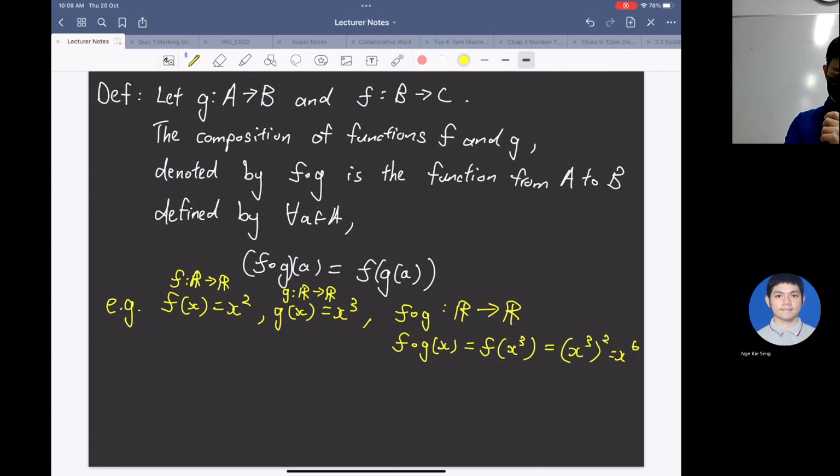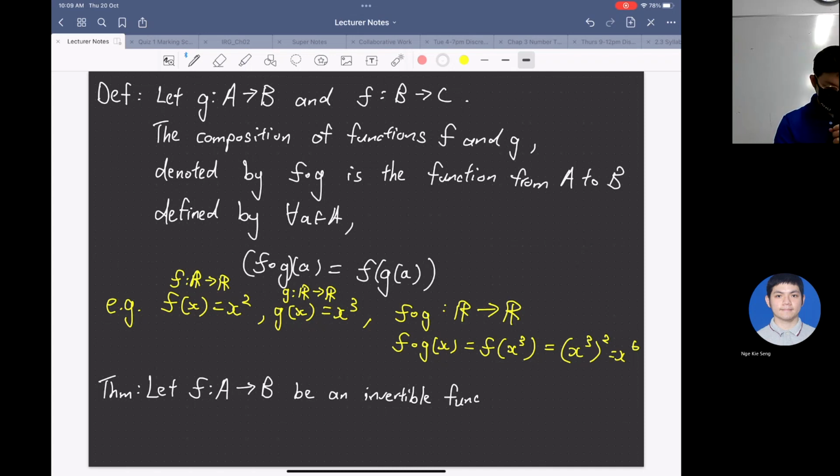Okay, so the theorem is how you check that the inverse function you found just now is correct. So there's one way to check it. Let f be an invertible function.